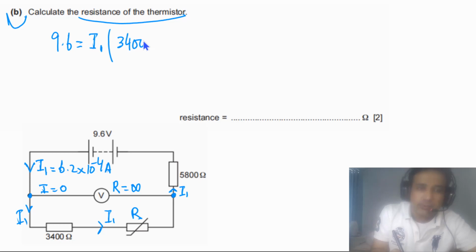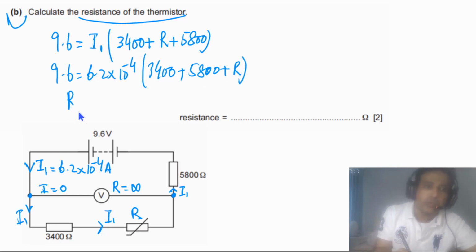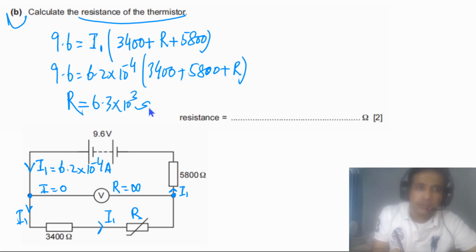So we have 3400 plus R plus 5800, and the value of I1 is 6.2 times 10 to minus 4, times 3400 plus 5800 plus capital R. Now simply we need to solve this one for R. If we solve, our answer should be 6.3 times 10 to 3 ohms.